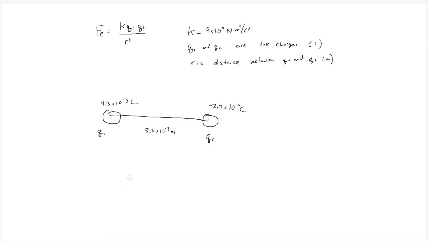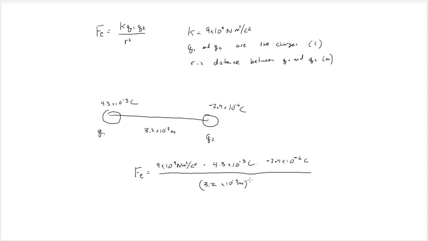And so what you're going to want to do is just set it up. Fe equals K, 9 times 10 to the 9, don't forget your units, times Q1 times Q2 all divided by, this is a place where you can mess up, 3.2 times 10 to the negative 3 meters squared.